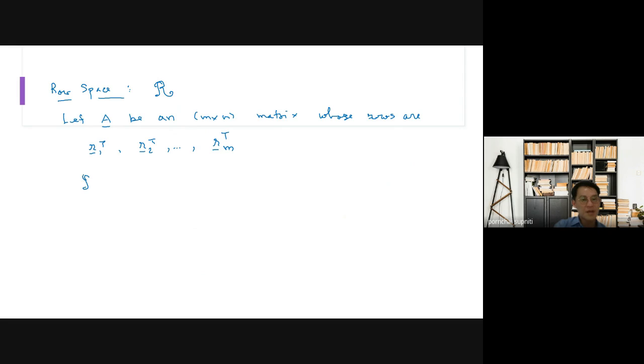Then the row space of matrix A is given by the set of vectors. You can write it two ways. One is C1 R1 transpose plus C2 R2 transpose plus all the way to Cm Rm transpose, where Ci is an element in a field.